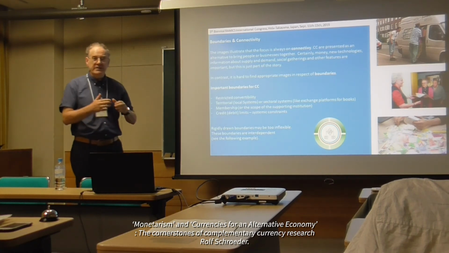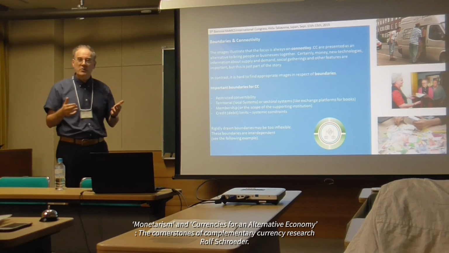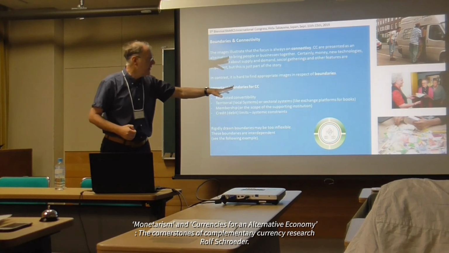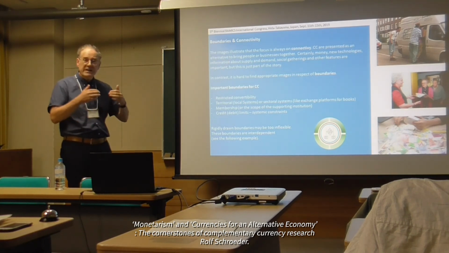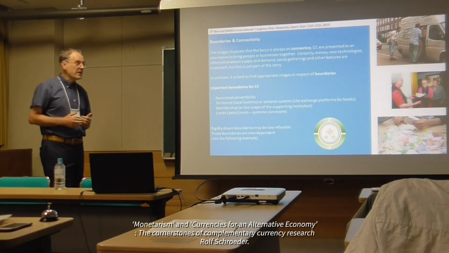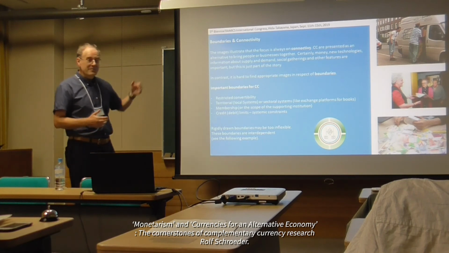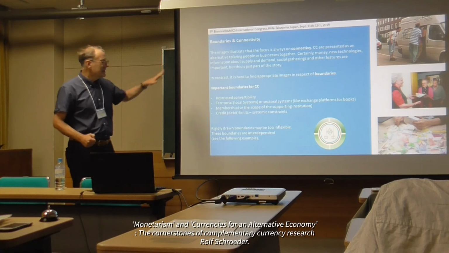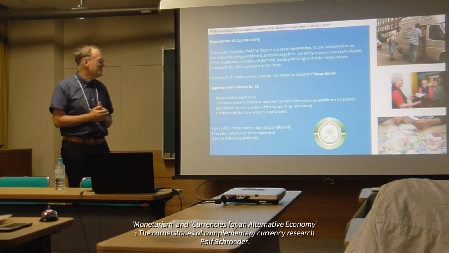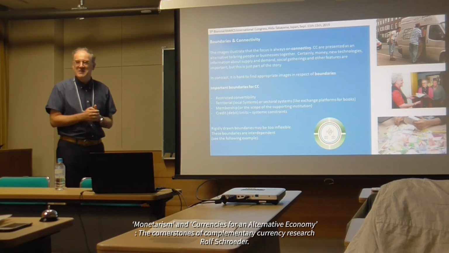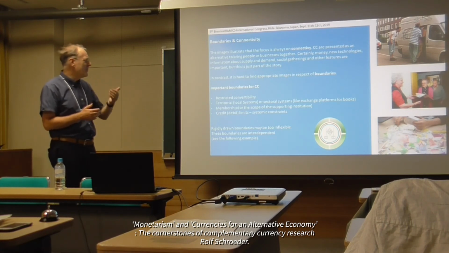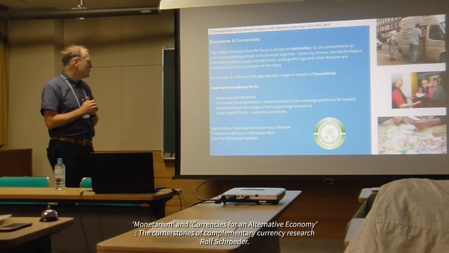As you can see in the photographs, and I could show many other photographs, all the images of complementary currencies are about connectivity, bringing people together, photos of money. And the other thing I'm advocating, the issue of boundaries, is somehow the dark side of the moon. I don't have any images for that. I tried to bring it across with some images from modern art, but it doesn't really work very well.